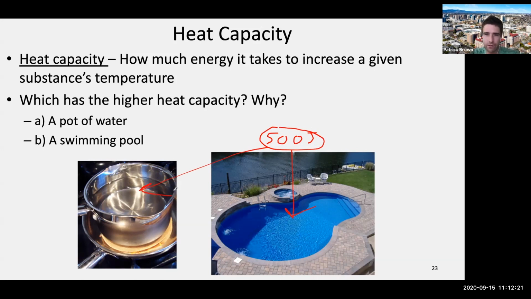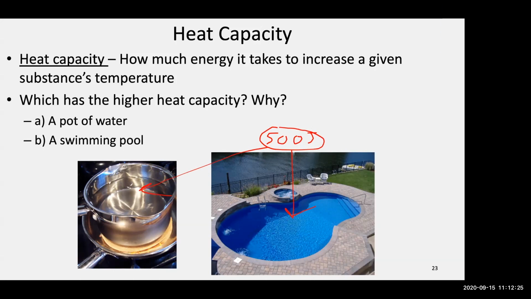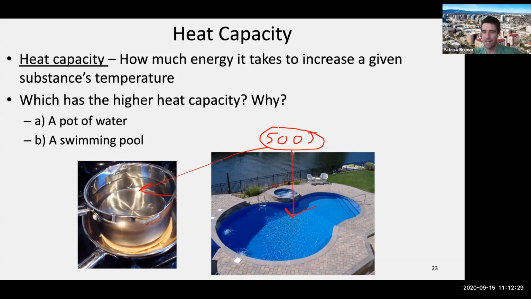The pot of water is going to react more. It's going to increase its temperature more because it has less heat capacity. It has less capacity to take in that heat.